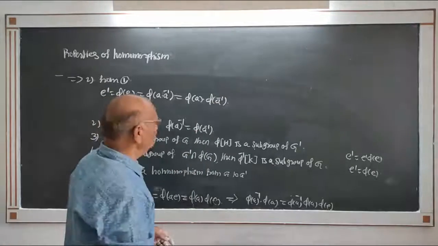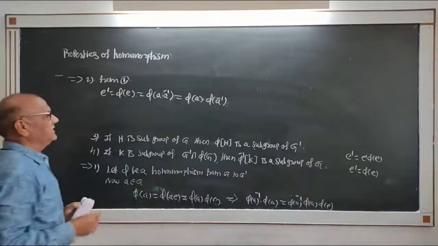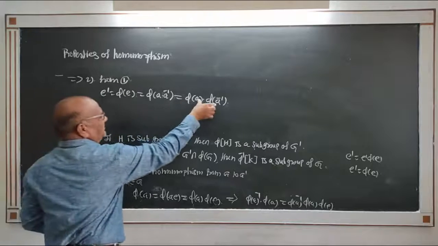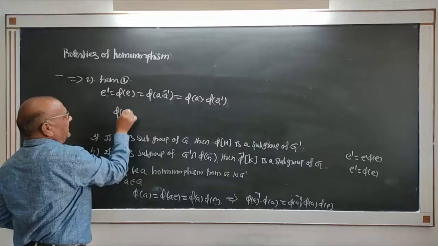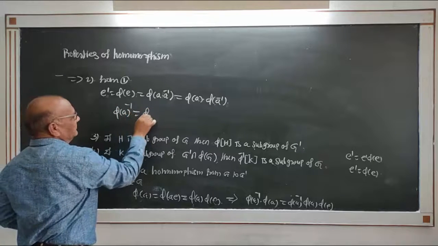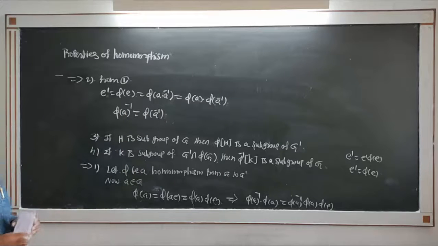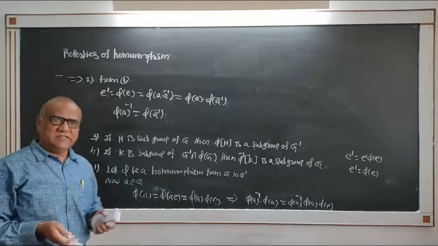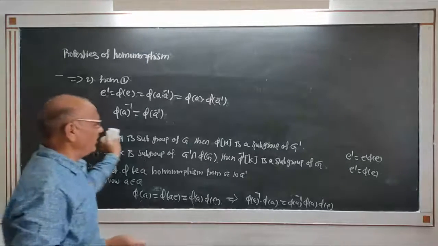And clearly the product of these two is equal to the identity. Therefore, phi of a inverse is equal to phi of a, whole inverse. Second satisfied.